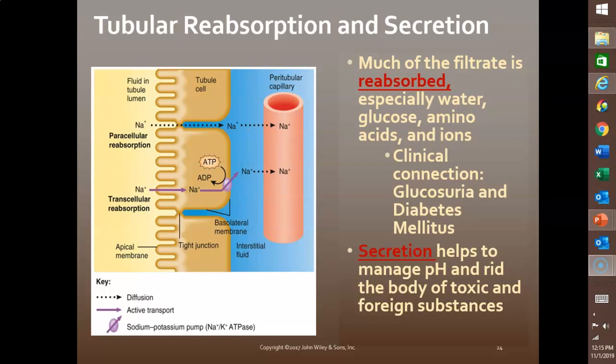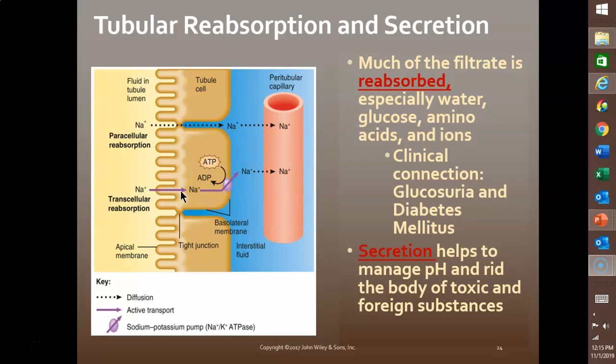It doesn't require energy. Other things move across the cell, transcellular. Now, in order to move something across a cell, we typically are going to use pumps. As you know, pumps require energy. So to move across the cell, we'll look at sodium here. Sodium gets moved into the cell.